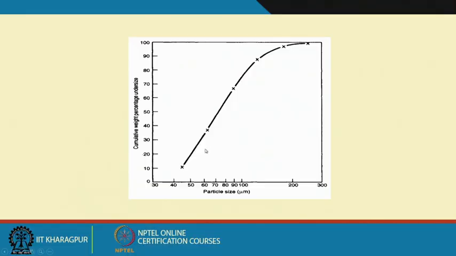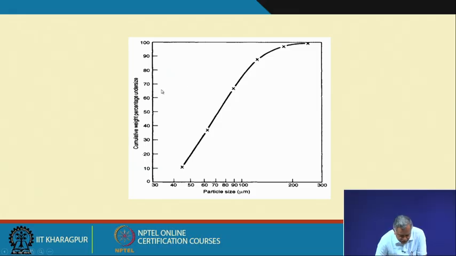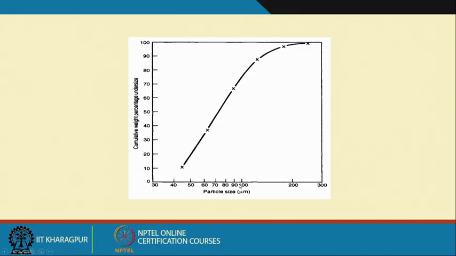If I am processing 500 tons per hour of that material, and using a screen having an aperture of 90 micrometer, how much material will I get into oversize and undersize? For 90, I have to look here. This will be close to 70%. So 70% of the material will report to undersize and the remaining 30% will report to oversize.